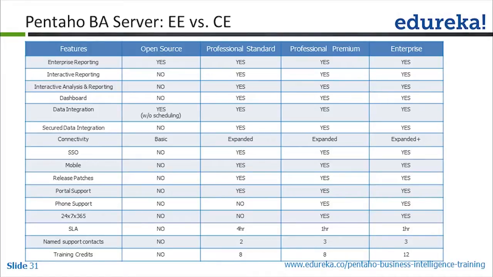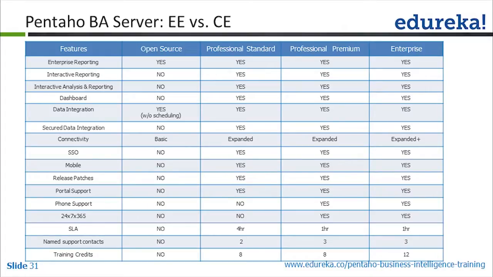Okay, so here, as you were asking, we see the difference between Community Edition and Enterprise Edition, feature-wise. You can see there is one open source and the rest three are Professional Standard, Professional Premium and Enterprise. These three are paid versions, and open source is available for anybody on the net to use.